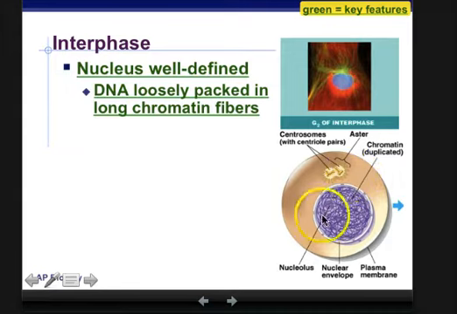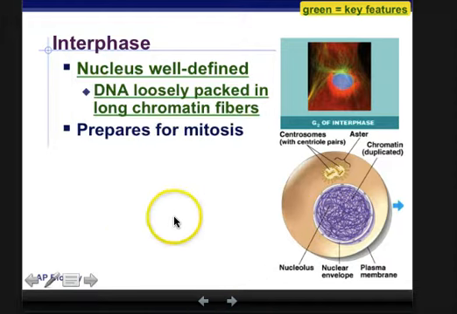Okay, and so this looks like the picture from your book. We have a little dense area inside called the nucleolus. The nuclear envelope is intact with its little pores. This is the chromatin fibers that are here. Okay, and we can be preparing for mitosis.